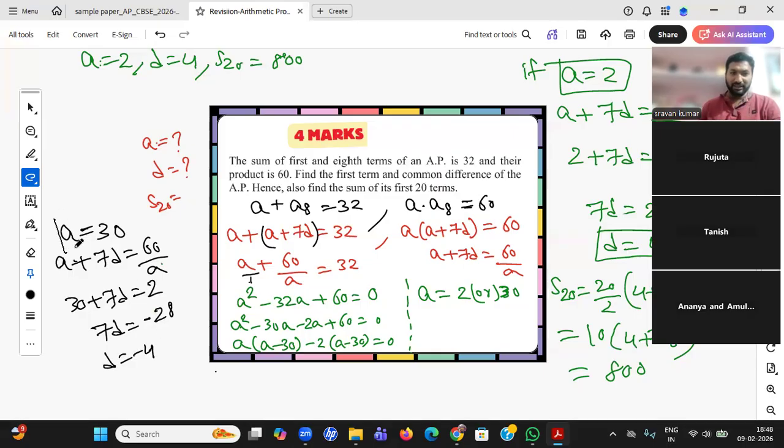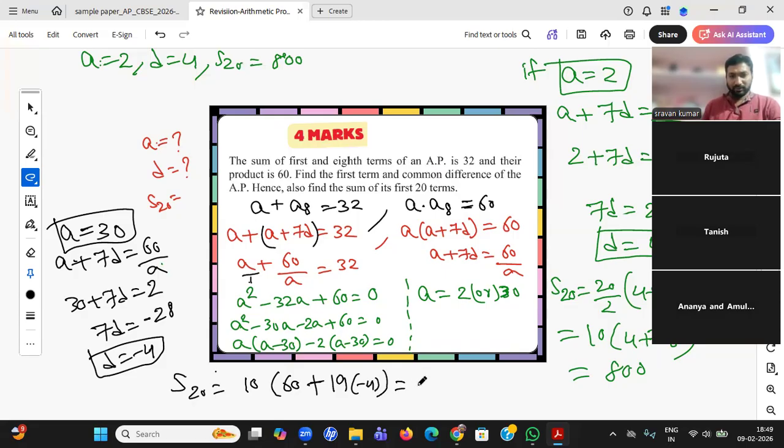Okay. So when a equal to 30 and d equal to minus 4, what will be S20? n by 2 into 2a plus n minus 1 into d. 60. 4 9s are 36, 4 1s are 4, 76.